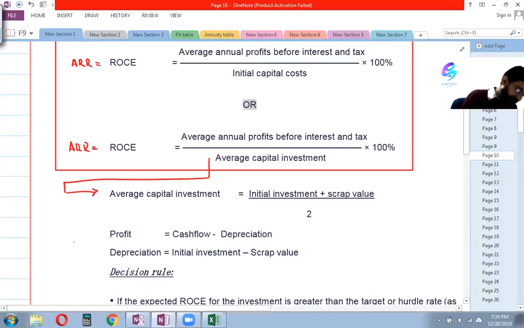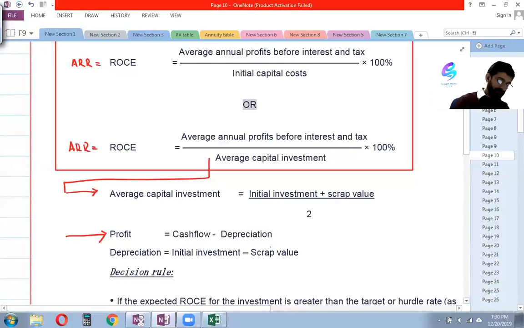If that is the case, then the formula would be profit is equal to cash flow minus depreciation. So from the cash flows, you will deduct depreciation and you'll get the profit figure. Can you see here in the formula, we have to calculate profit. So if we are given the cash flows, we can calculate it.